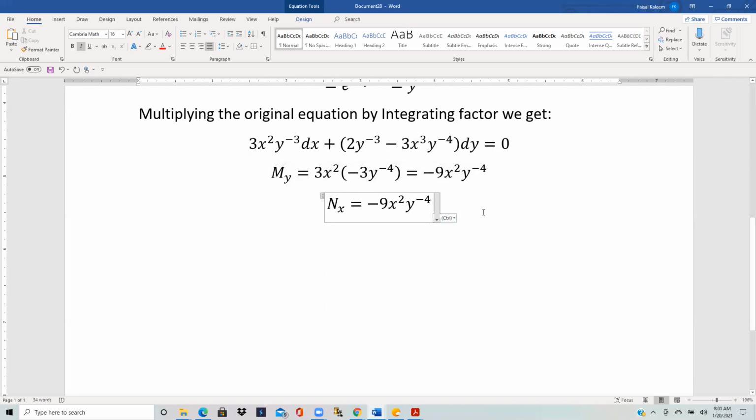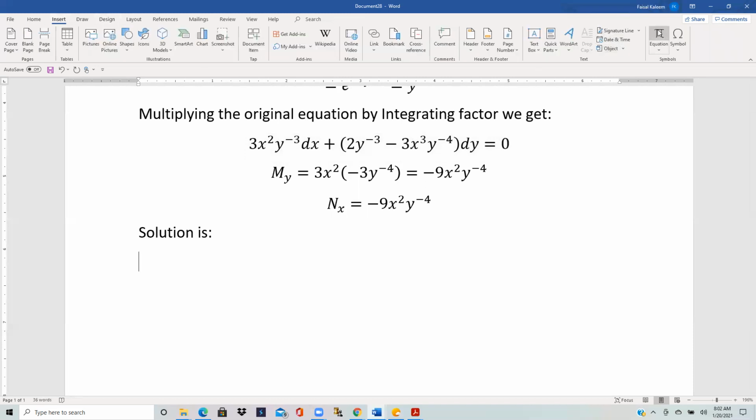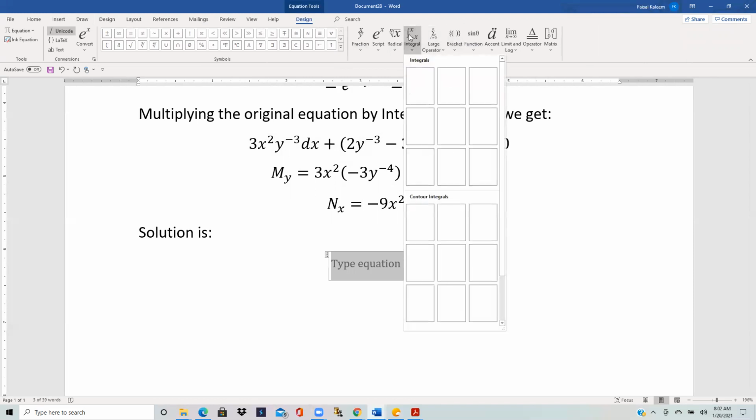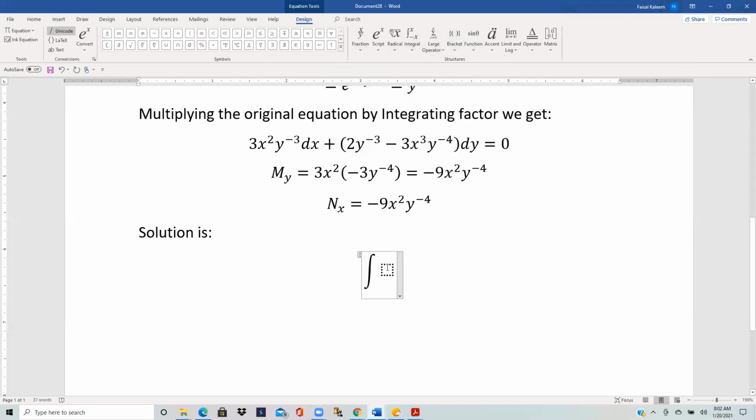So now you just solve the equation as we solve an exact equation. Solution is, you integrate this one with respect to x. So you have m dx. So you integrate all of this.